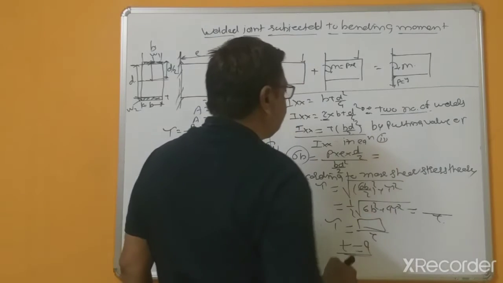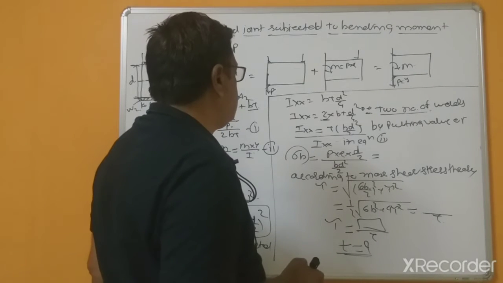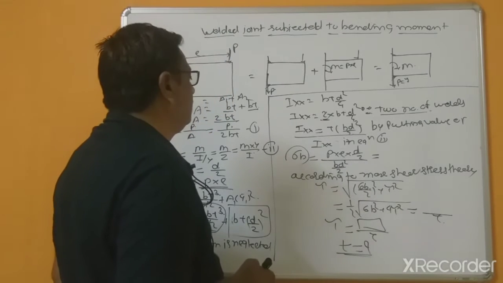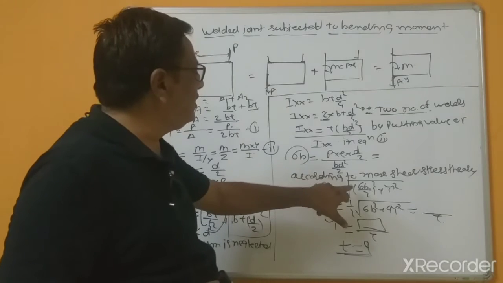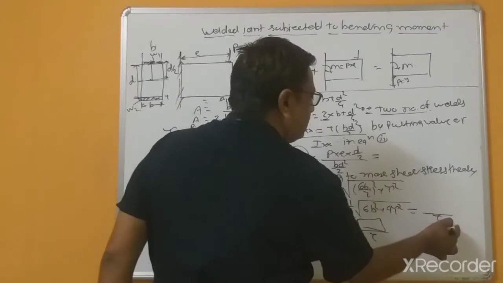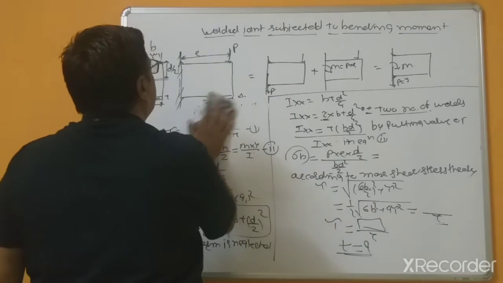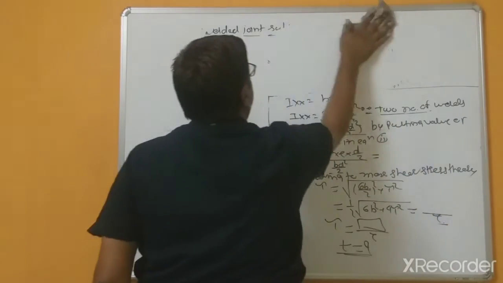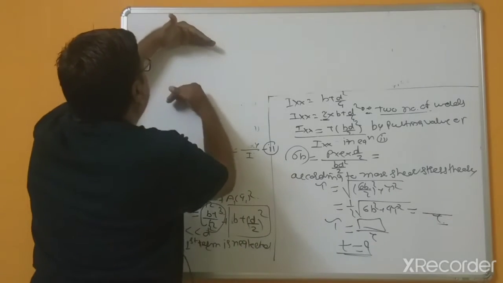This you will get in terms of T. We will see during the calculations that this is also in terms of T, then this will be added, and finally you will get this divided by T. In this case the weld may be horizontal, or the weld may be vertical, or the weld may be a combination of horizontal and vertical welds.